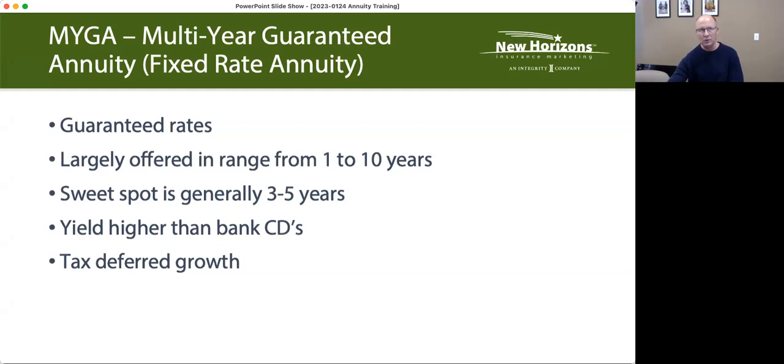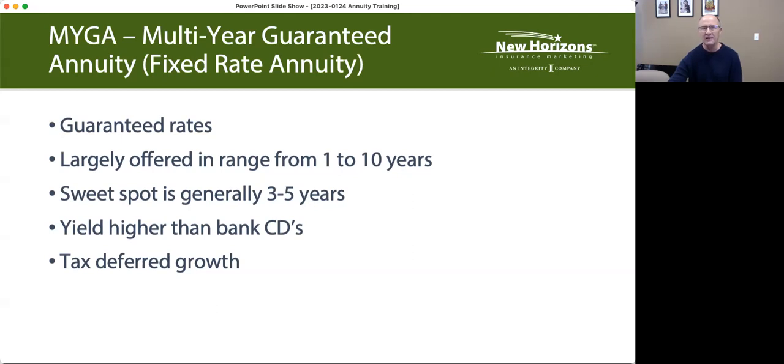What you're looking at here with a MIGA or a fixed rate annuity is a guaranteed rate, and it's for a guaranteed set period of time. So bullet number 1, it is a guaranteed rate. Bullet number 2, they're offered typically from a 1-year up to a 10-year. Generally speaking, the sweet spot is anywhere from the 3 to 5 year annuity.